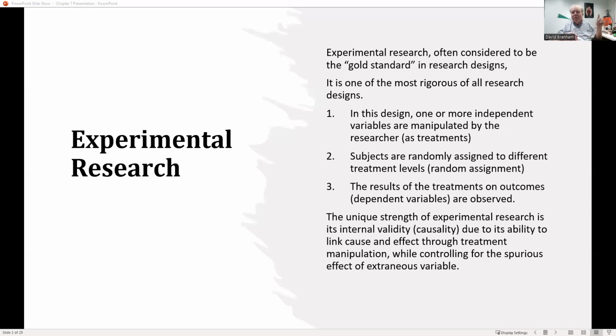And so due to its ability to link cause with effect, the treatment manipulation with the outcome, while controlling for all the other possible effects by being able to assume equal groups with random assignment, this is the gold standard of experimental research.